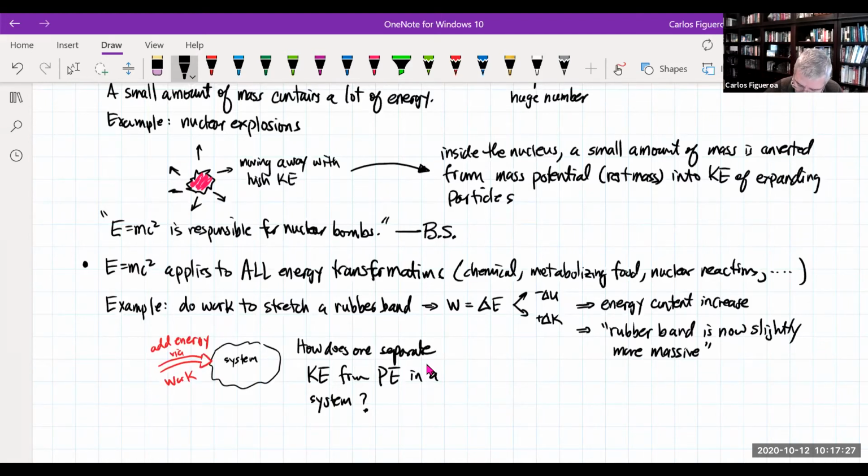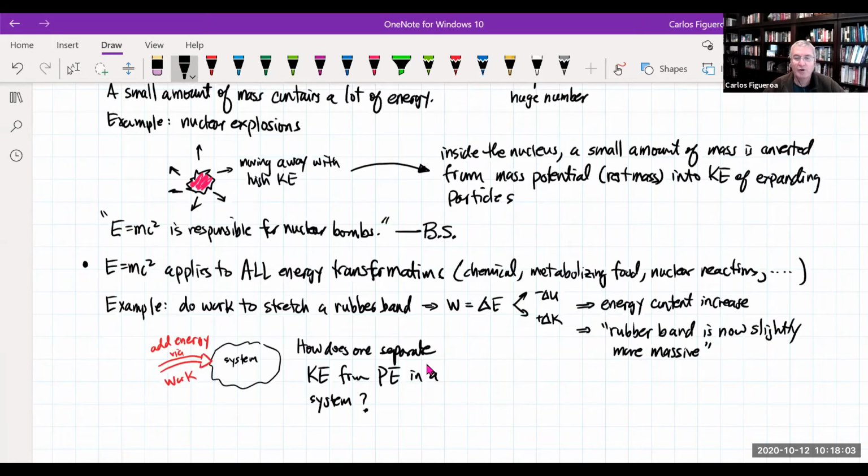And so I agree that if you could truly put it all into potential energy, then according to E equals mc squared, you would see an effective energy content reading that's higher. So by reading its energy content, we surmise that there must be a higher mass energy content. But I can't separate the two. They're attached.